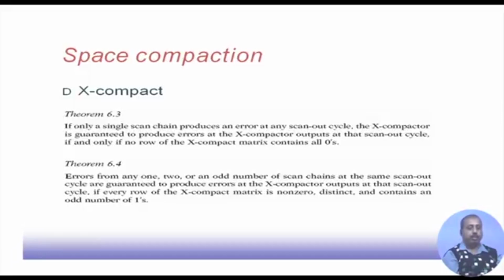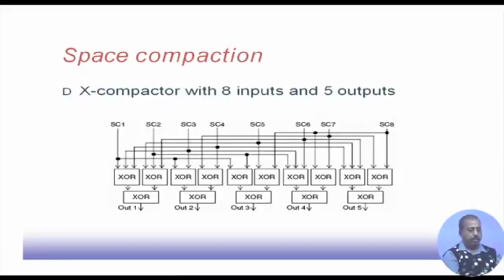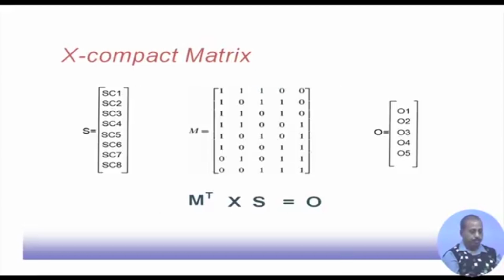As a result, it will produce faulty output at an odd number of scan chains. So, it will get detected by the second pattern. So, this is a very good approach for doing the space compaction without any aliasing occurring.